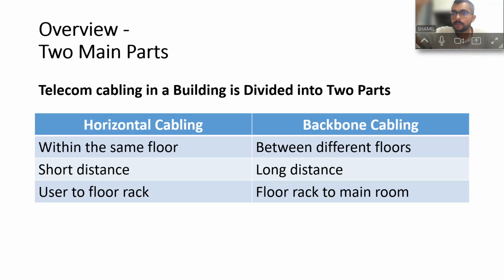Wherever you have long distances, between different floors, where the cable length is long, that is normally backbone cabling. Horizontal cabling is between the user and the floor rack, while backbone cabling is from the floor rack to the main room. This is the overview of the difference between horizontal cabling and backbone cabling.